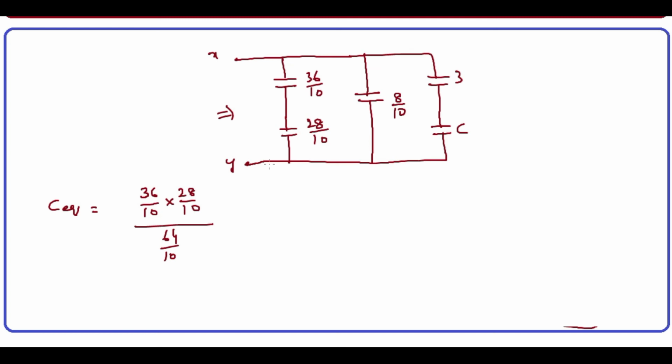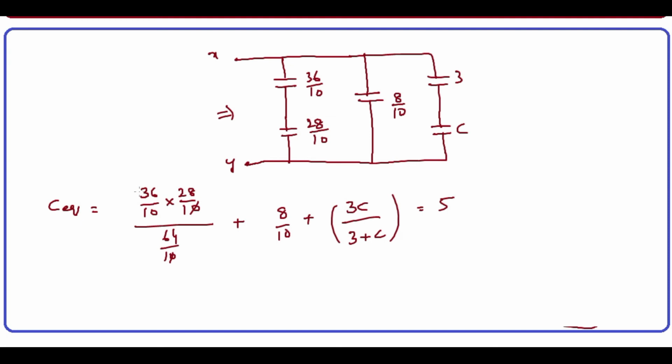Plus this parallel combination, which is 8 by 10 only, plus this series combination, 3C divided by 3 plus C, and this will be equal to 5, which was already given. The 10 will get cancelled.